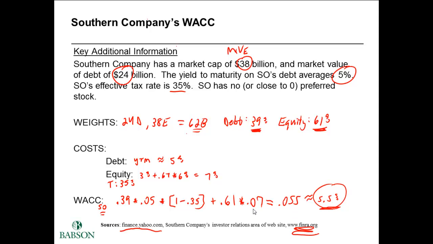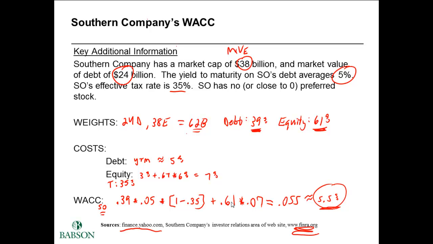So what does that mean? That means that whenever Southern Company is considering spending resources on a new project, as a manager, Southern Company's managers take a look and determine that those resources cost us on average about 5.5% per year.